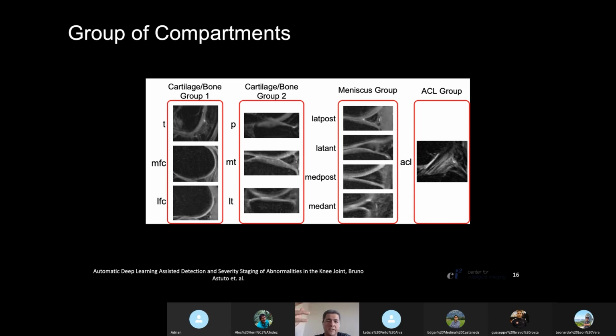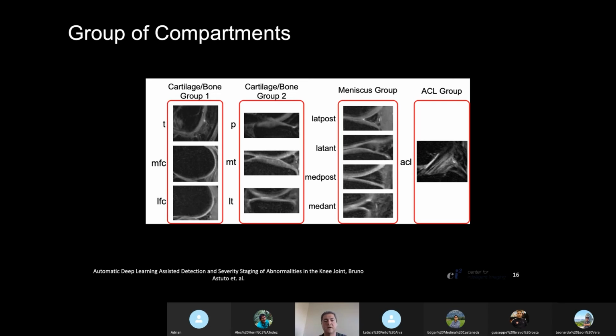The model was overfitting a lot because we didn't have a lot of data. Even using a lot of data augmentation, rotation and translation and flipping and all that, it was still overfitting a lot. So I tried to improve the number of samples by training different structures together.